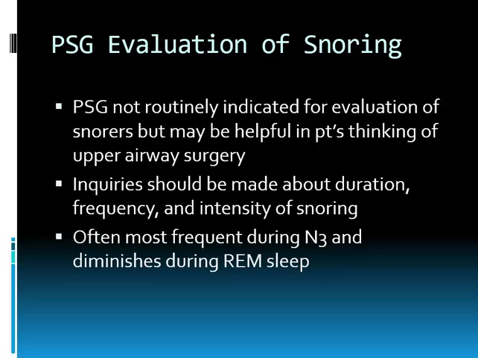Generally, the docs like to get all their information and ducks in a row before they'll do surgery for something like that, just to get a baseline of what they are before, and then be able to see again what impact the surgery had on their upper airway.